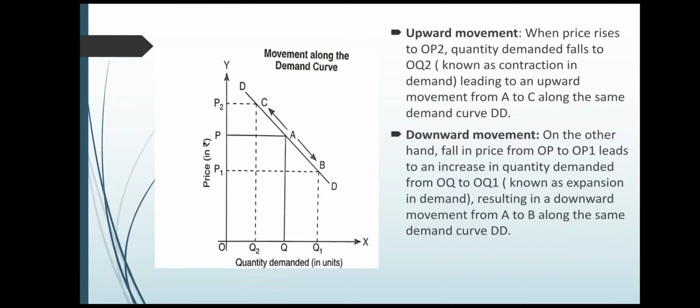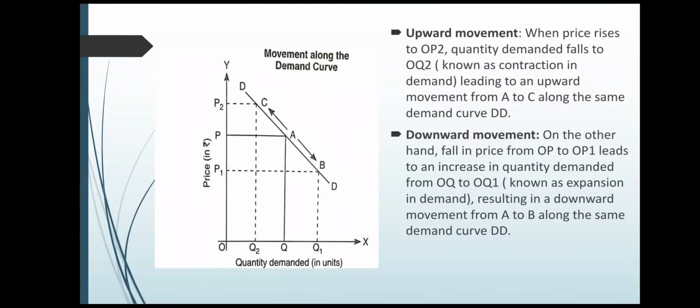Okay, so there is another type of movement. Downward movement: on the other hand, fall in price from OP to OP1 leads to an increase in quantity demanded from OQ to OQ1, known as expansion in demand, resulting in a downward movement from A to B along the same demand curve DD. So another type of movement is also shown over here, as we just saw.